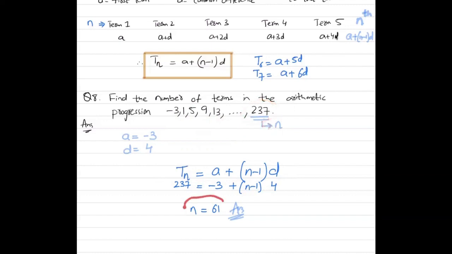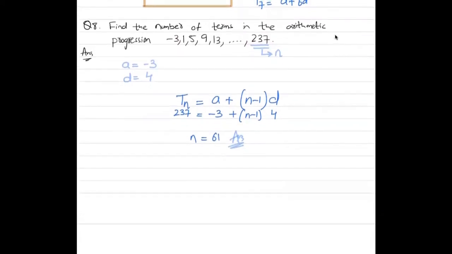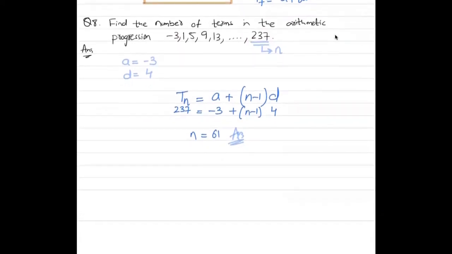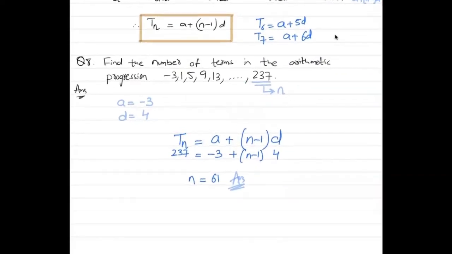So n comes out to be 61, which means it is the 61st number of the sequence. So in total, there are 61 numbers. Make sense? Everyone, does it make sense? Yes, sir. Okay.